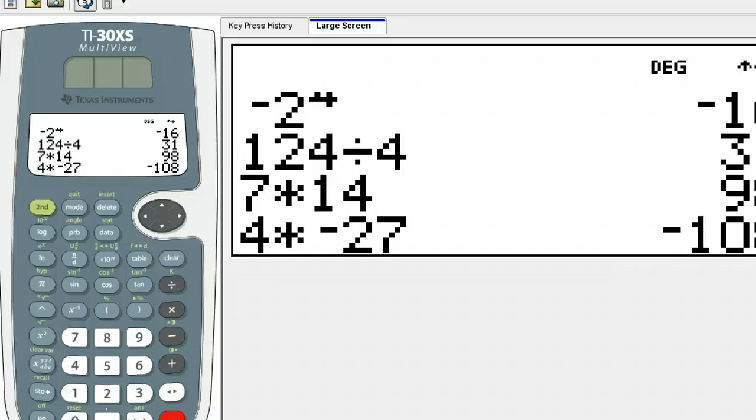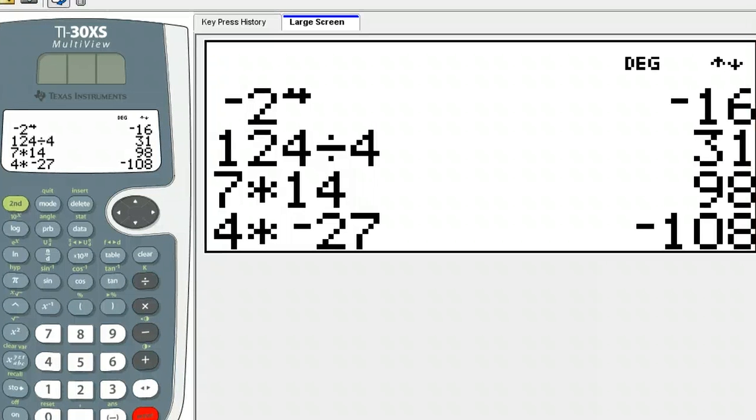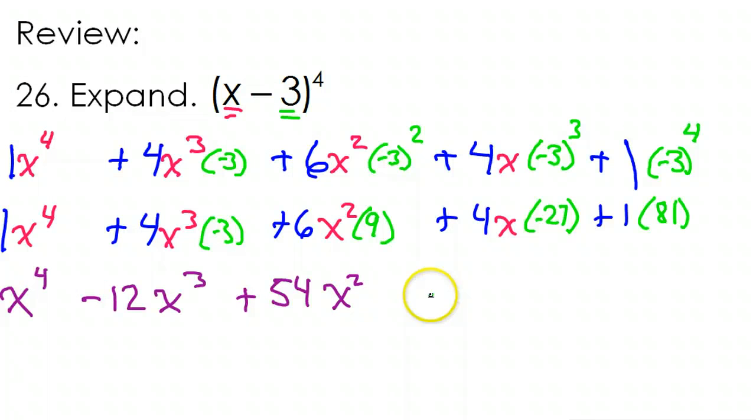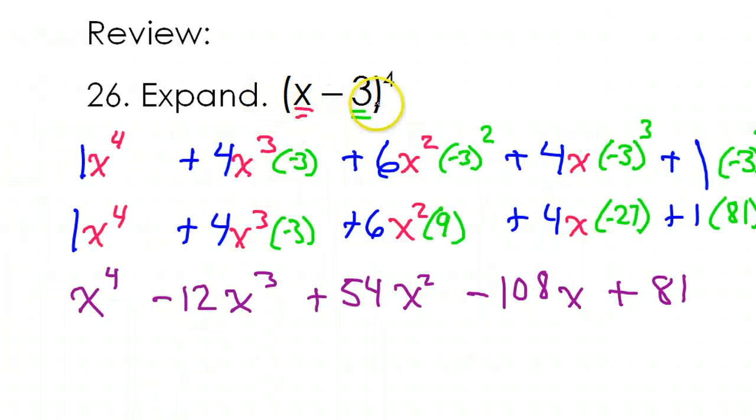That is negative 108, so that will give us negative 108x. And then, of course, 1 times 81 is just 81. So this would be the expanded form of (x minus 3) to the fourth power.